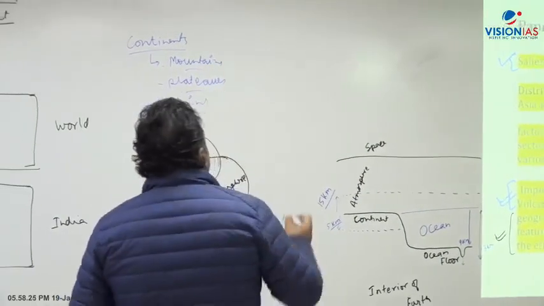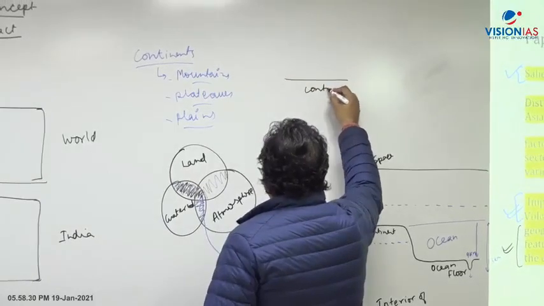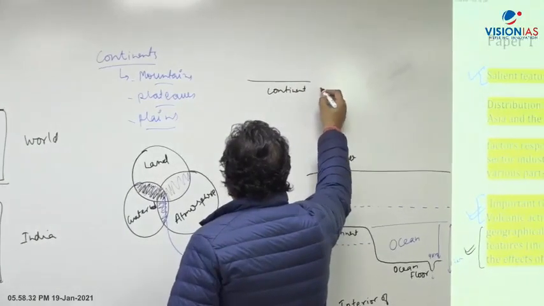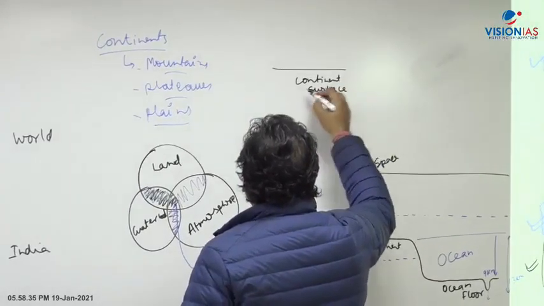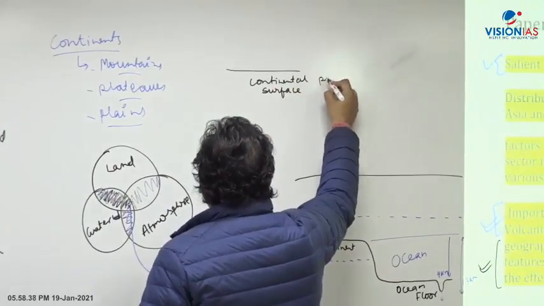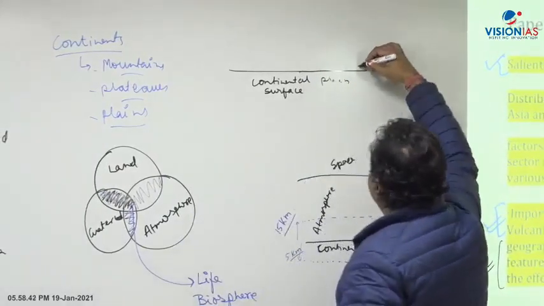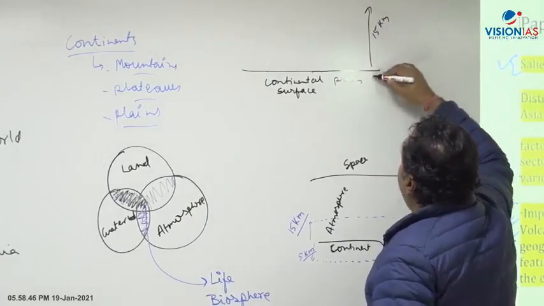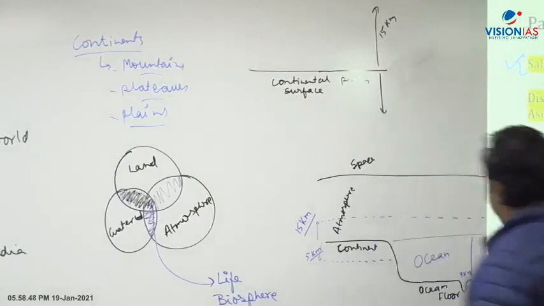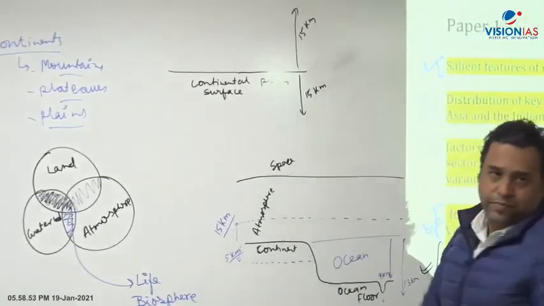So now if I have to conclude, from the continental plane surface, up to where do you find life? You find it up to around 15 kilometers above, and let us say around 13 to 15, so 15 kilometers below.